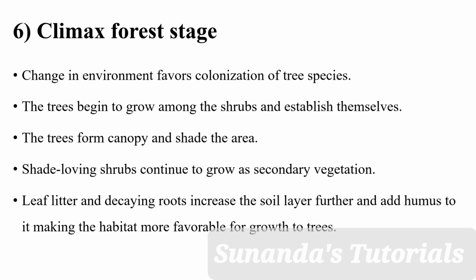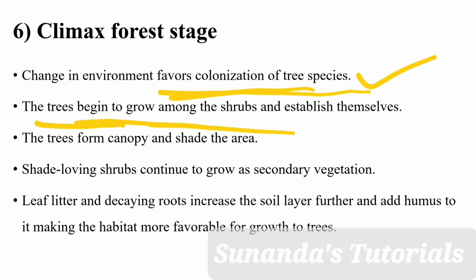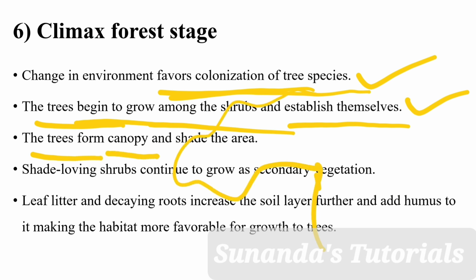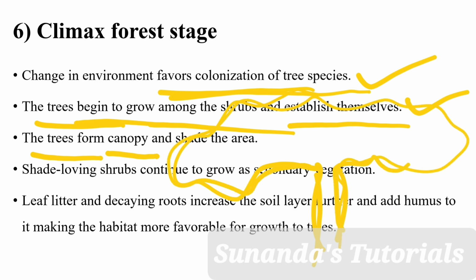Change in the environment favors the colonization of tree species. The trees begin to grow among the shrubs and establish themselves. The trees form the canopy. The area covered by the branches of the tree is known as the canopy.